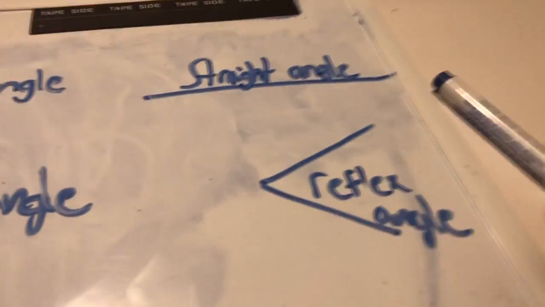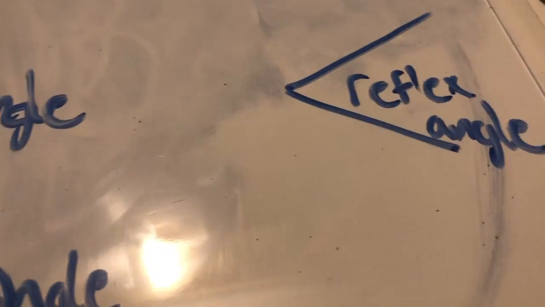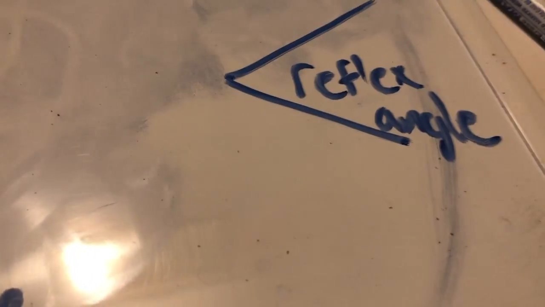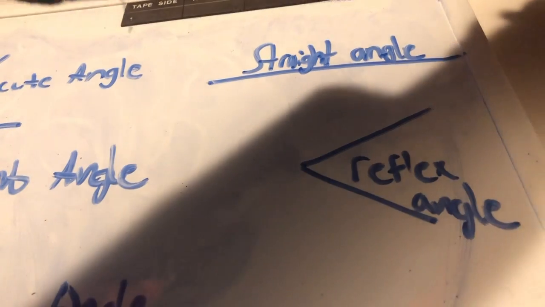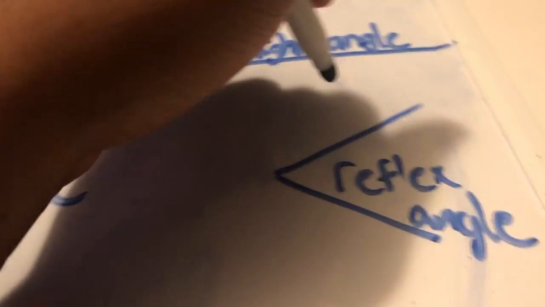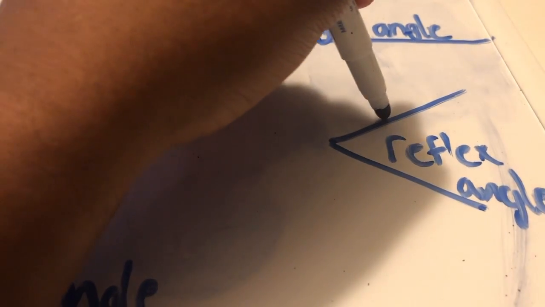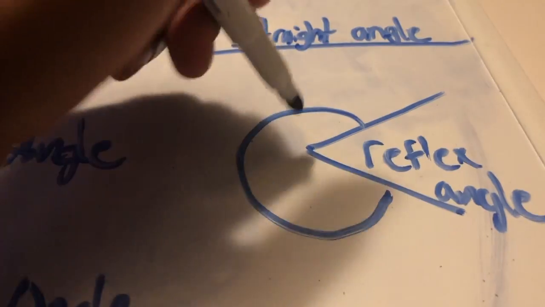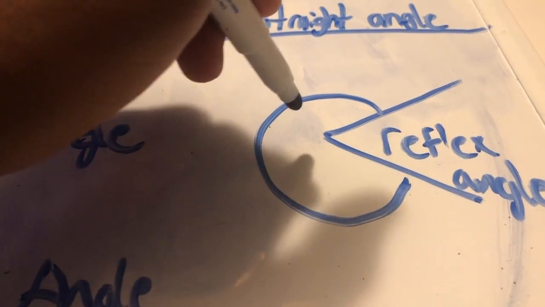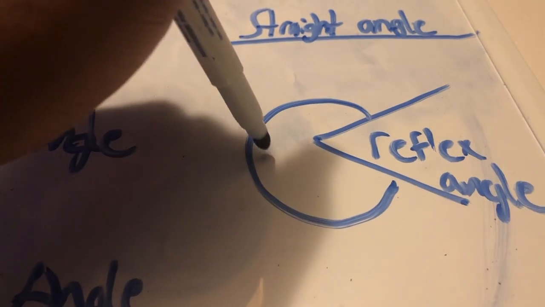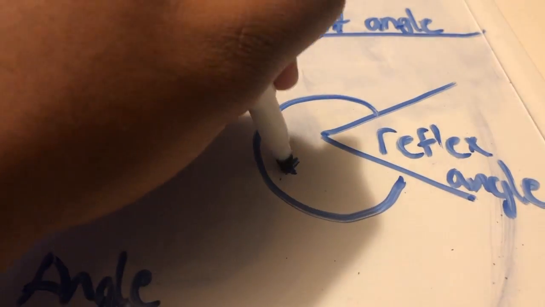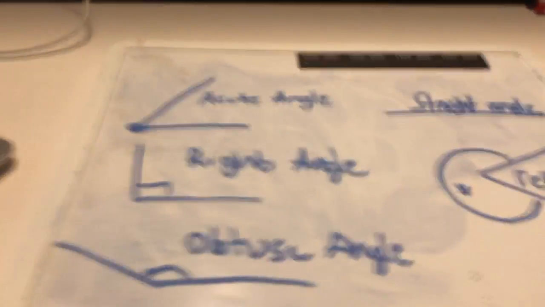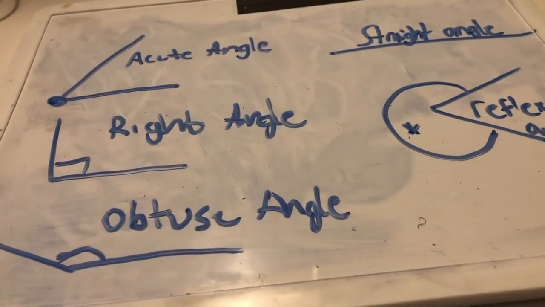Typically you have your little angle here, but we're looking to be more specific. We're looking for this. This part here is the actual reflex, not what's inside. So keep that in mind. This is what we're looking for. And so those would be your types of angles.